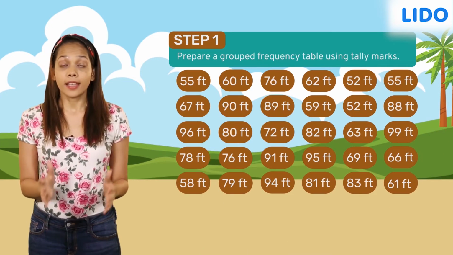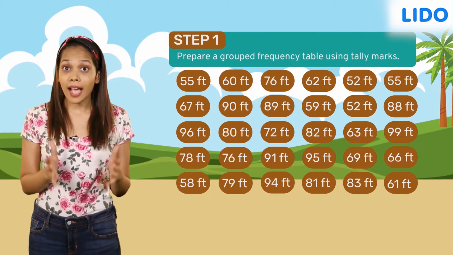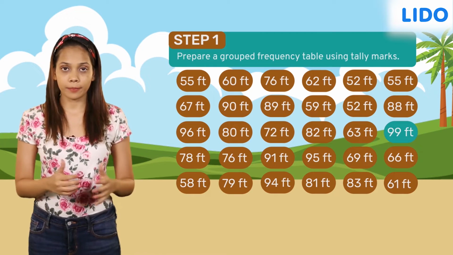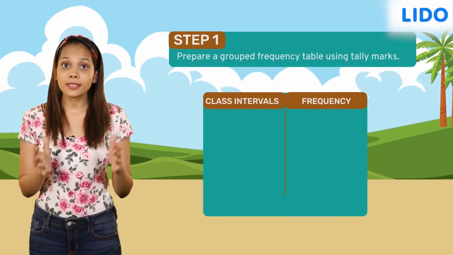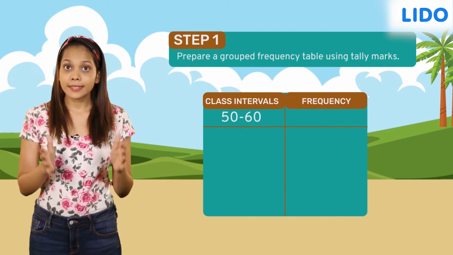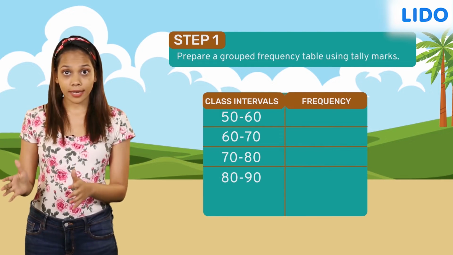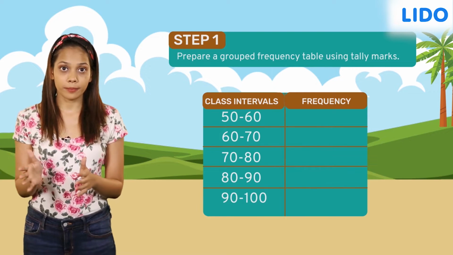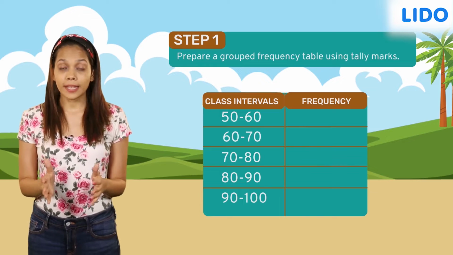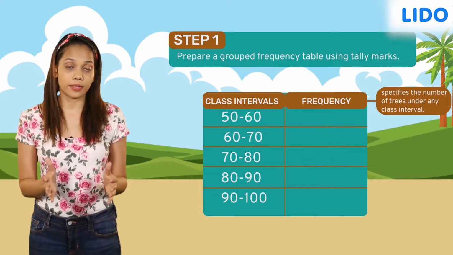In this case, the lowest value of the height is 52 and the highest value is 99. Therefore, our class intervals will be 50 to 60, 60 to 70, 70 to 80, 80 to 90, 90 to 100. The frequency column specifies the number of trees under any class interval.